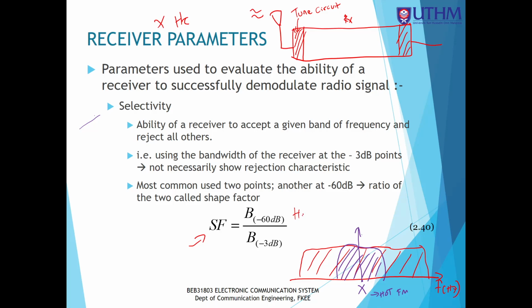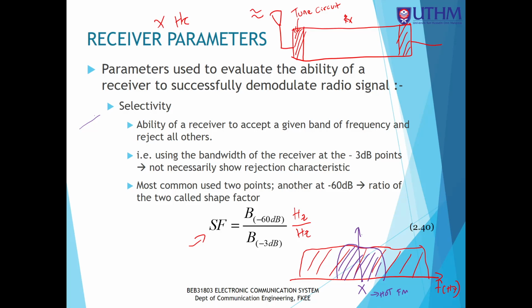So bandwidth of minus 60 dB and bandwidth of minus 3 dB are actually referring to the filter parameters.